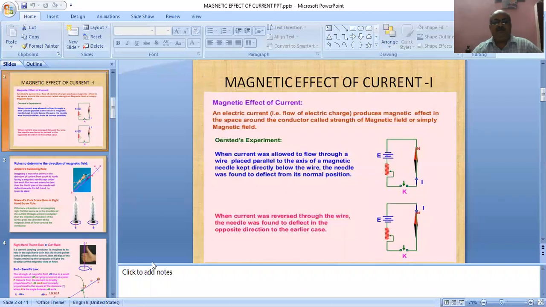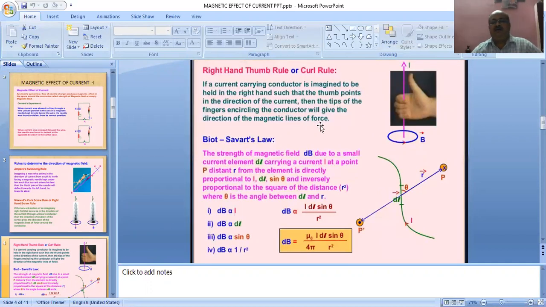Using this concept, Maxwell gave a rule for finding the direction of magnetic field around a conductor. This rule is known as the right hand thumb rule or curl rule.